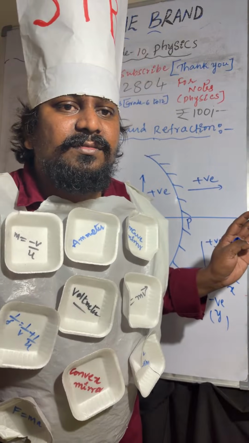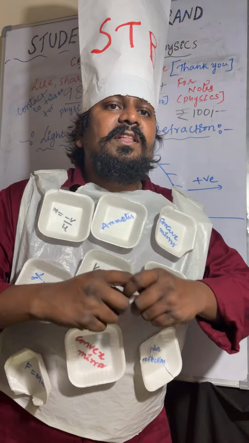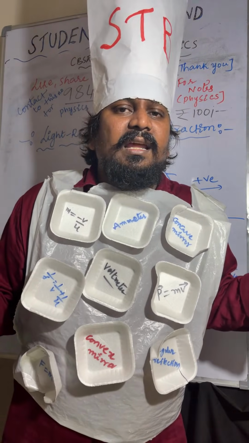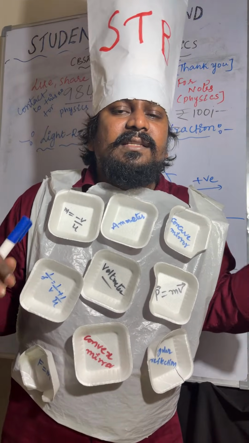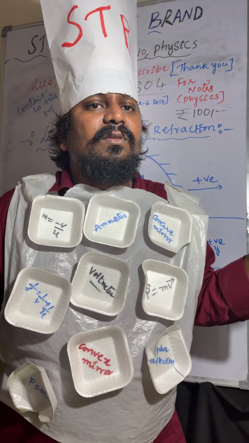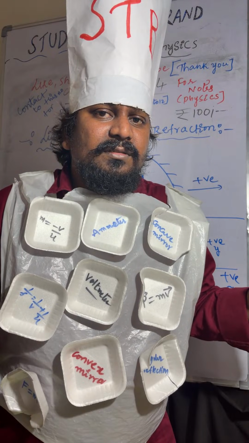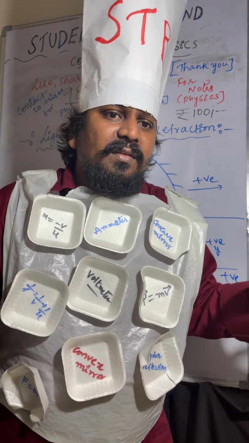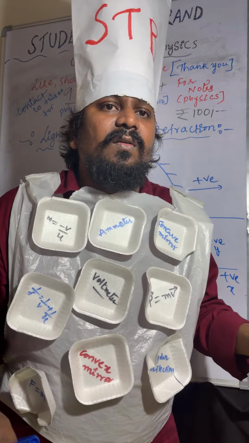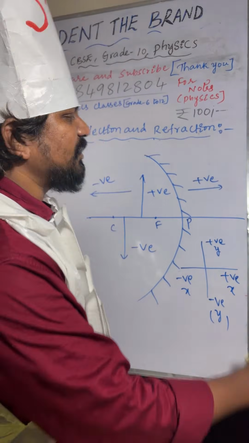All measurements will be taken from the pole. In the direction of incident rays, all are positive. Opposite to incident rays, all are negative. Above the principal axis, all are positive. Below the principal axis, all are negative. These are the sign conventions. Now, the mirror formula and magnification we will discuss.